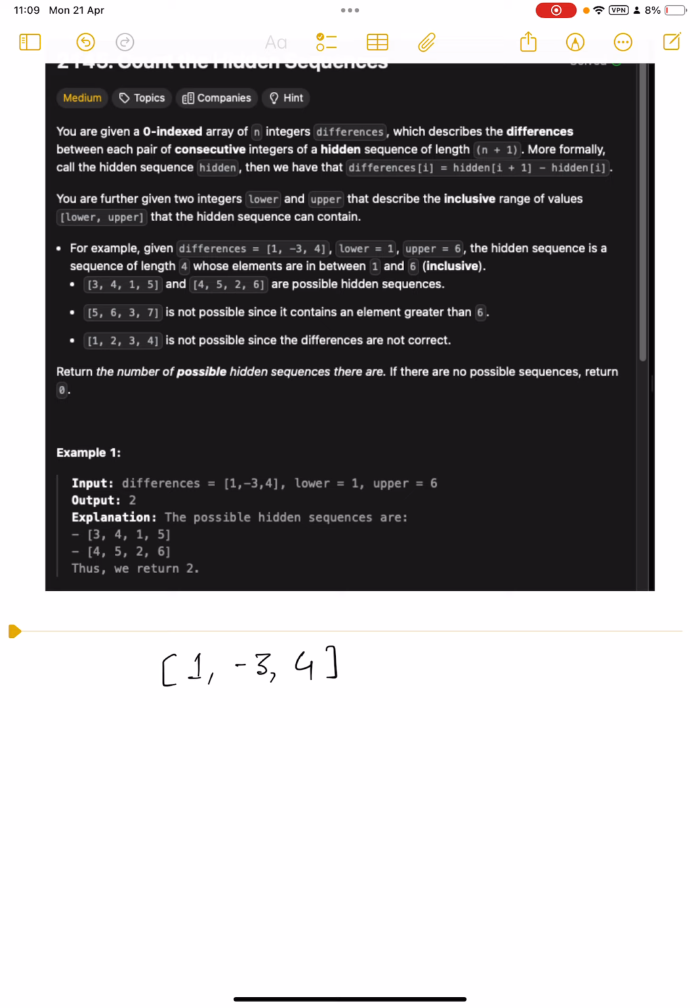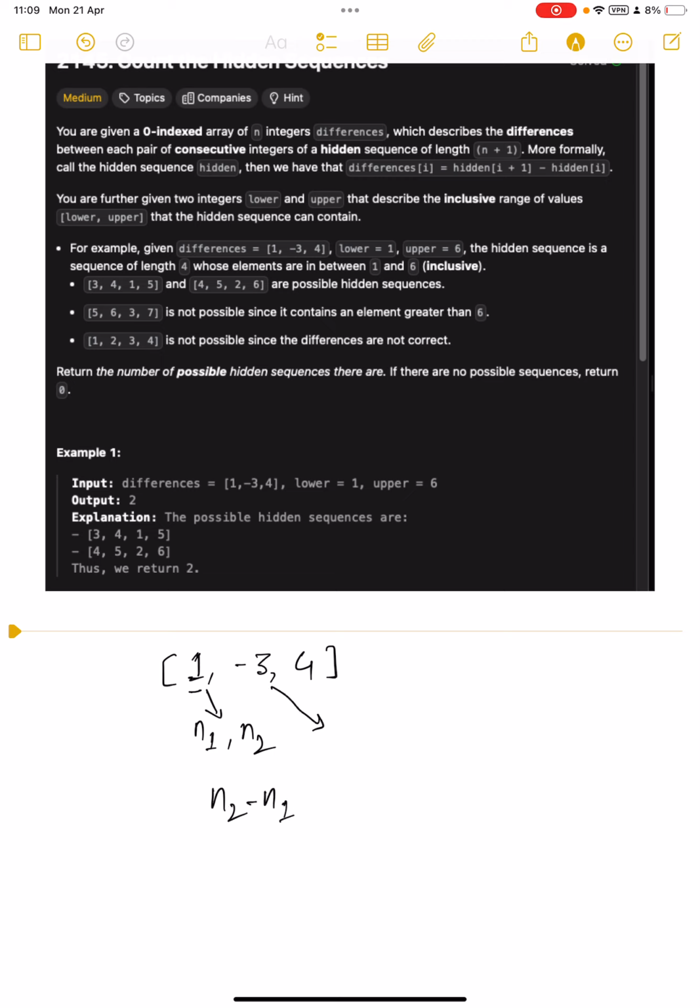So that means this one is a difference, and this is the difference of the next number, right? So for example, this is one of the numbers, so this becomes n1 and n2. This number is the difference of n2 minus n1, right?